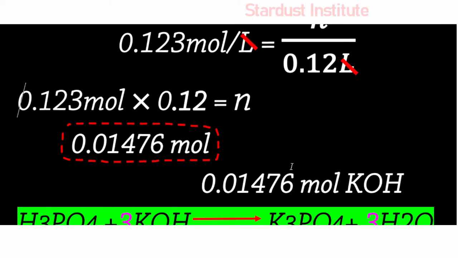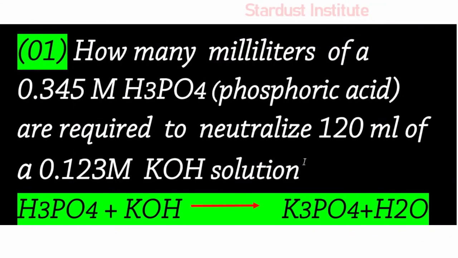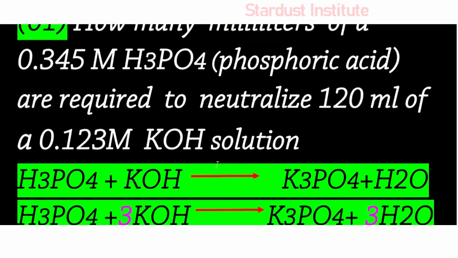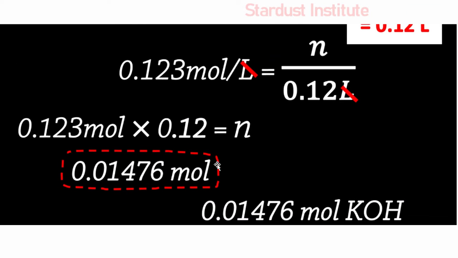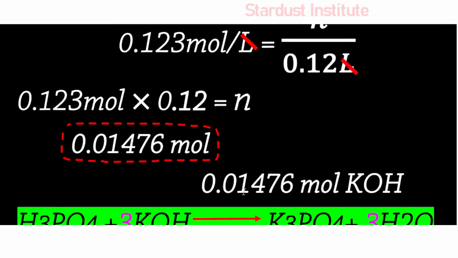Now we get 0.01476 moles of KOH. In 120 milliliters of this KOH solution, there are 0.01476 moles of KOH.